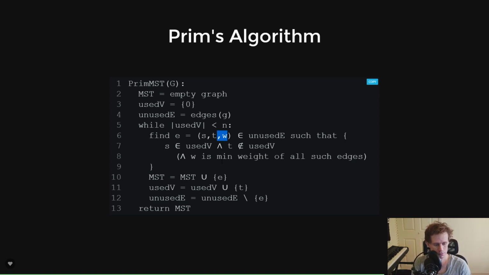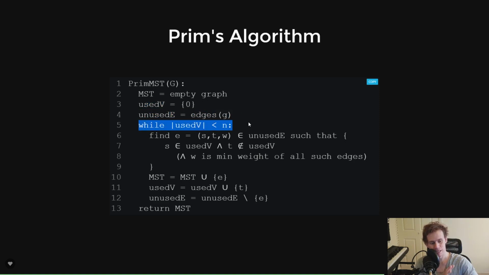Yeah, so Waleed's right that technically here unused edges refers to all the edges in the graph, and this check here is actually what susses out the candidate edges. So if I relate that a little clearer to what we were drawing before, this is an empty graph, an MST. This is when I draw my first red circle around the starting point. This is just a list of all the edges in the graph.